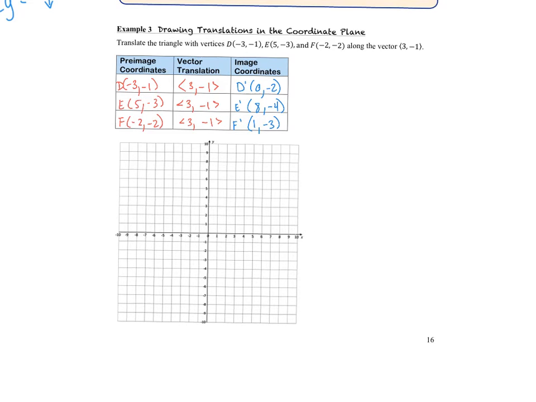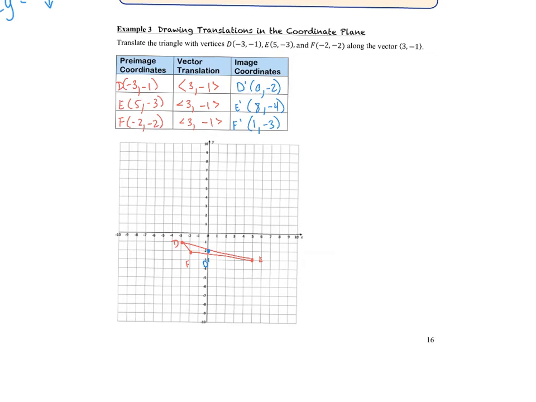And so we could take a look at how that translated on the graph. So D is -3, -1. E is 5, -3. And F is -2, -2. And then for the image coordinates, we have D prime at 0, -2.